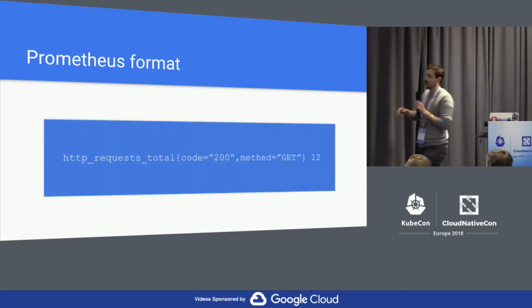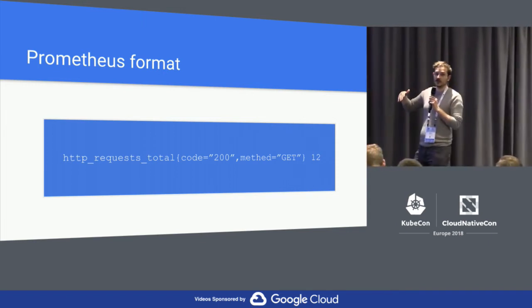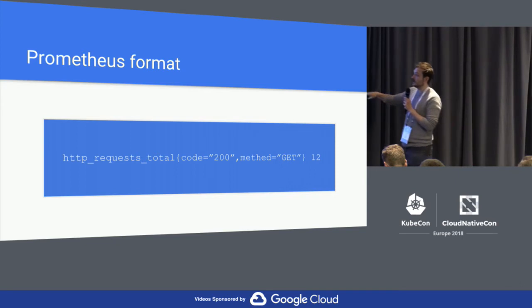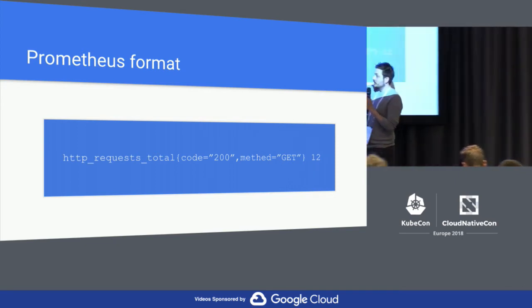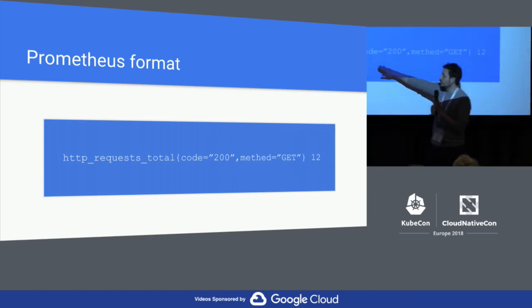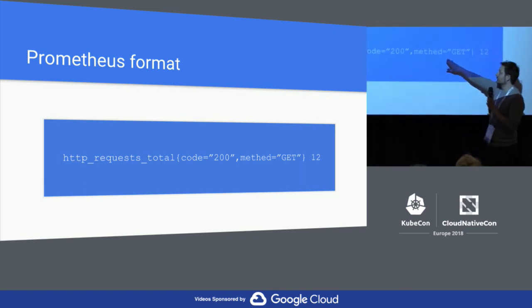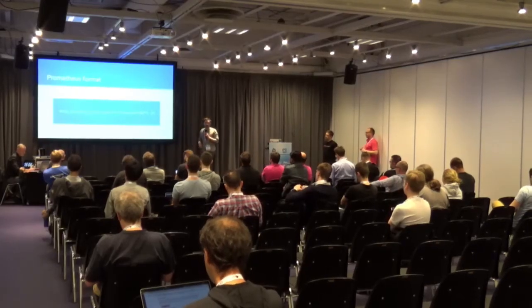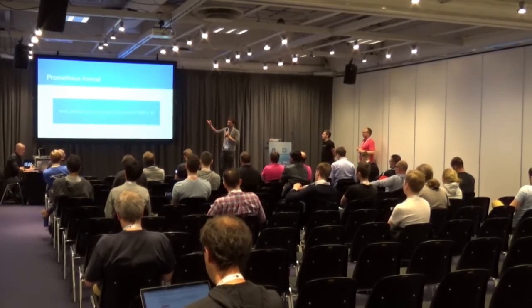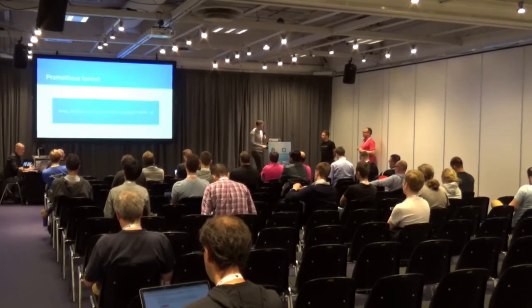So this is what it looks like when your application exposes Prometheus-style metrics. You have your metric name, as I mentioned, and then in the curly brackets, you specify all the extra labels that you want to be associated with this particular time series, and then the value for that.